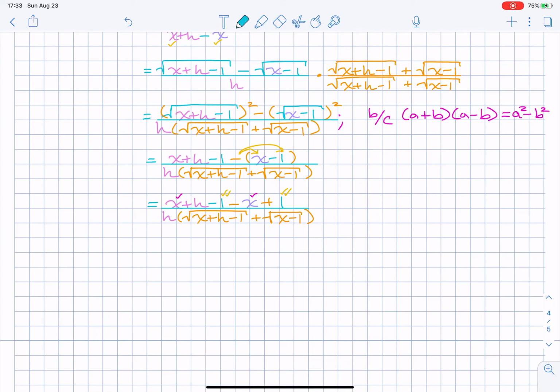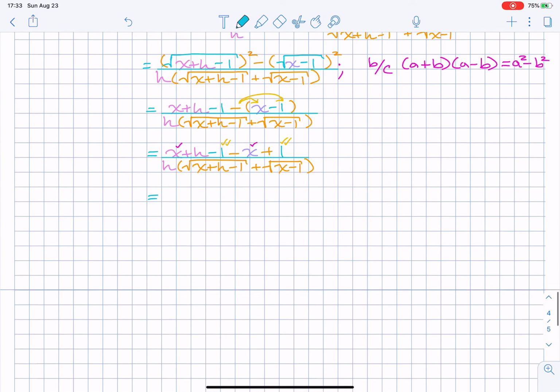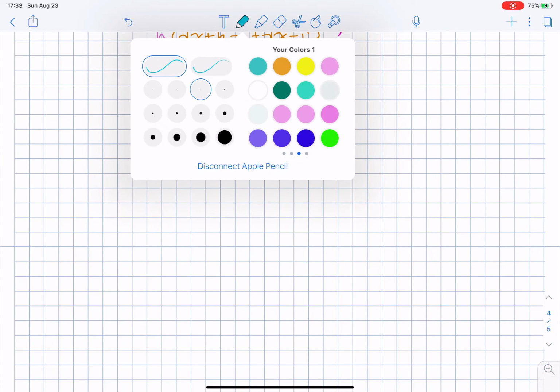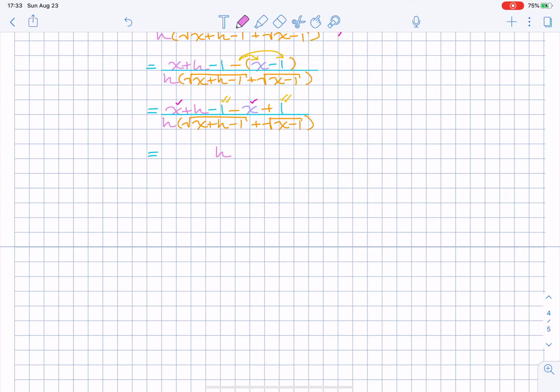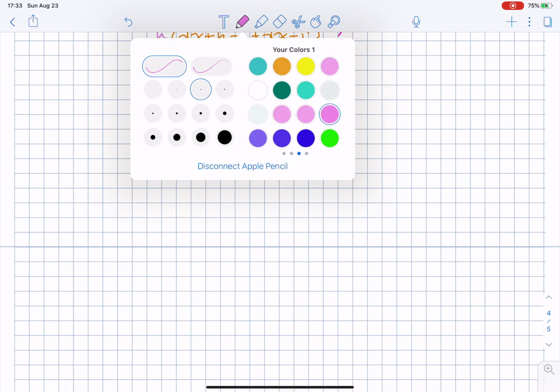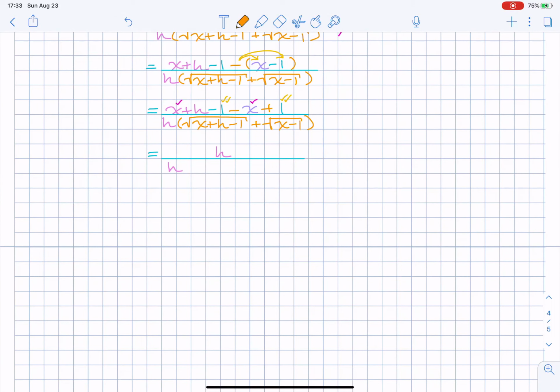So I'm left with h in the numerator divided by h times the quantity, square root of x plus h minus 1, plus the square root of x minus 1.